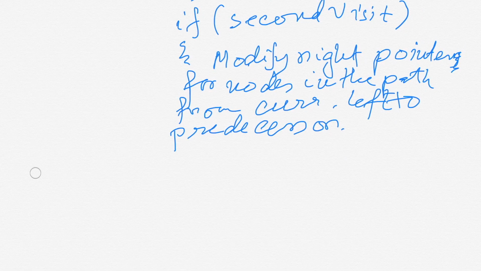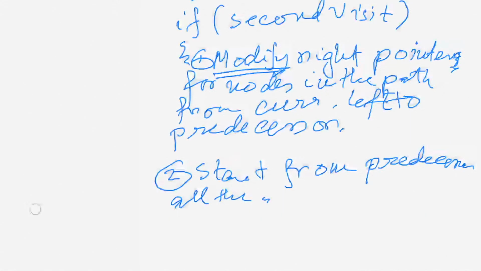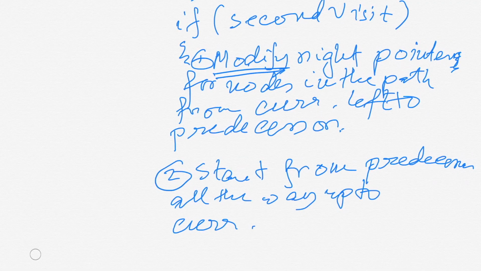And we have shown how we would do this modification and what exactly needs to be done here. And after we have done this, we start from the predecessor all the way up to current dot left and print their value.